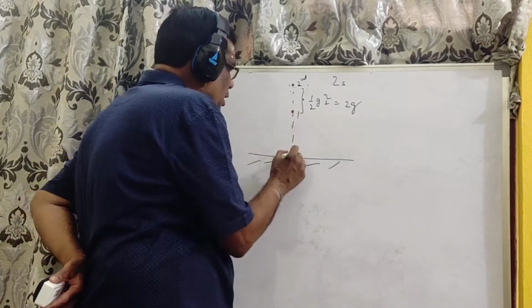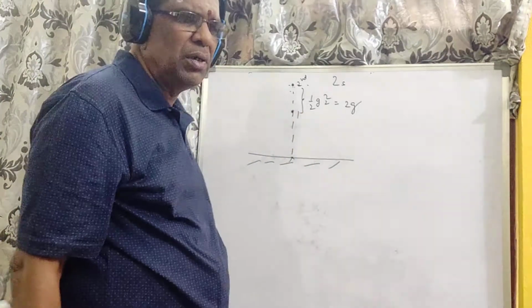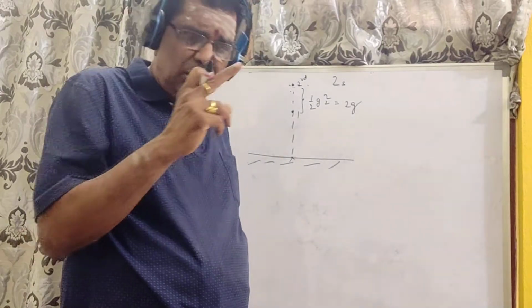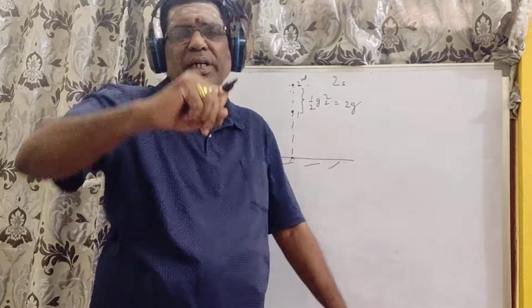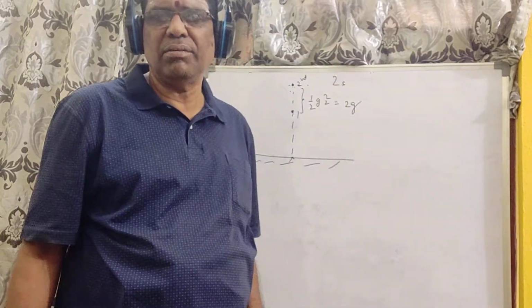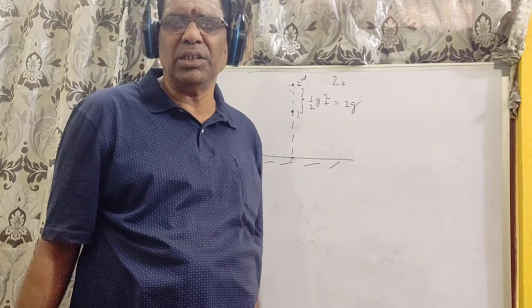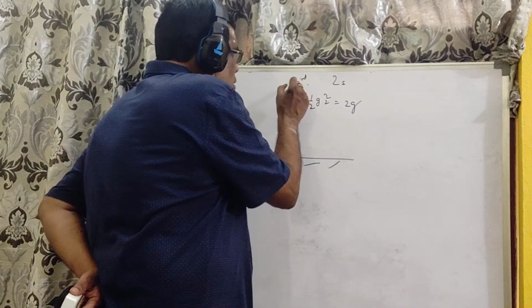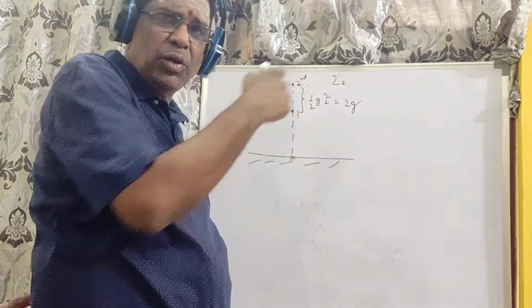Obviously, it will take its own time. They may ask you, after 2 seconds from the time the second body is dropped, what is the difference in the heights of the two bodies? How do you give the answer to that? Very simple. 2 seconds after the second body is dropped.